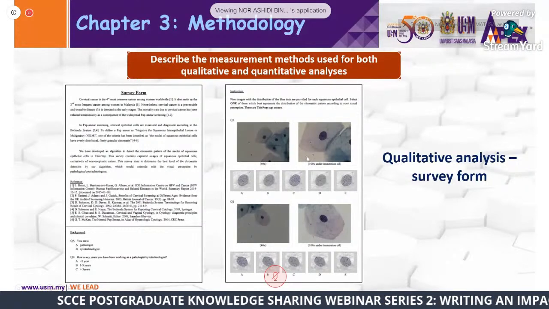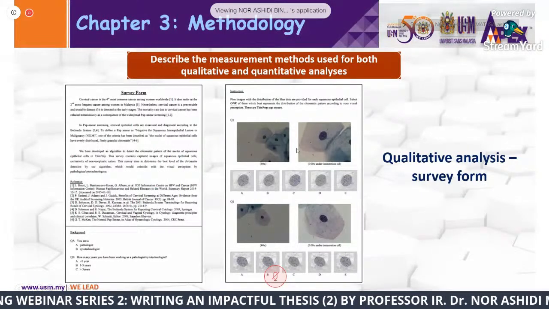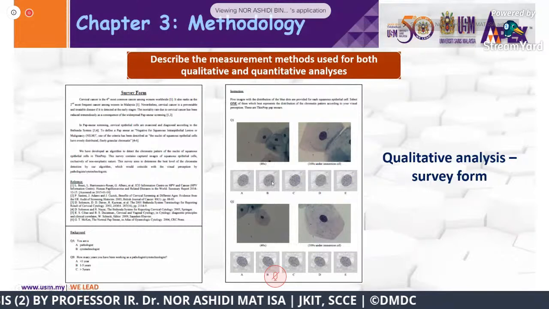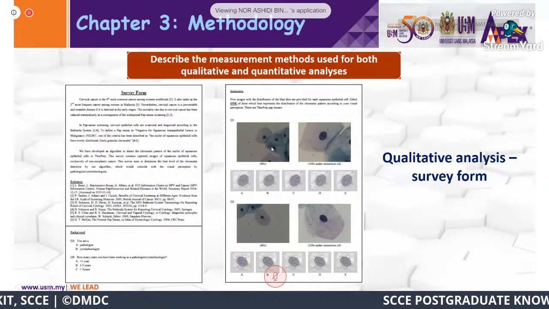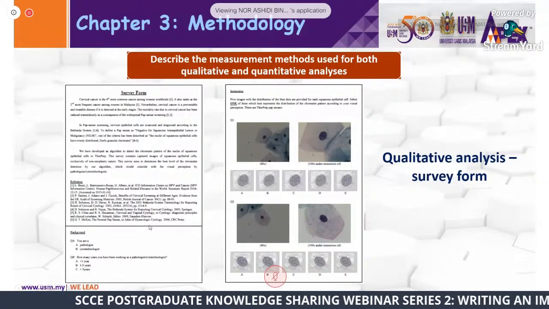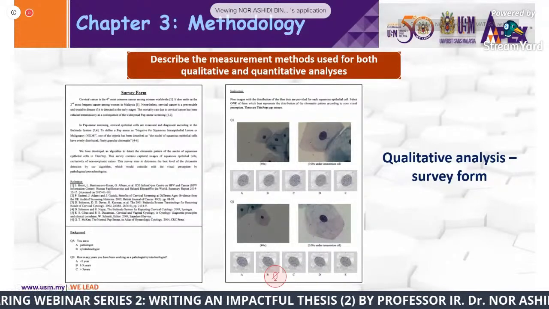This is for the qualitative analysis, because we need the doctors to observe the images manually. So you need to clearly describe the survey form here. What information is included in the survey form?